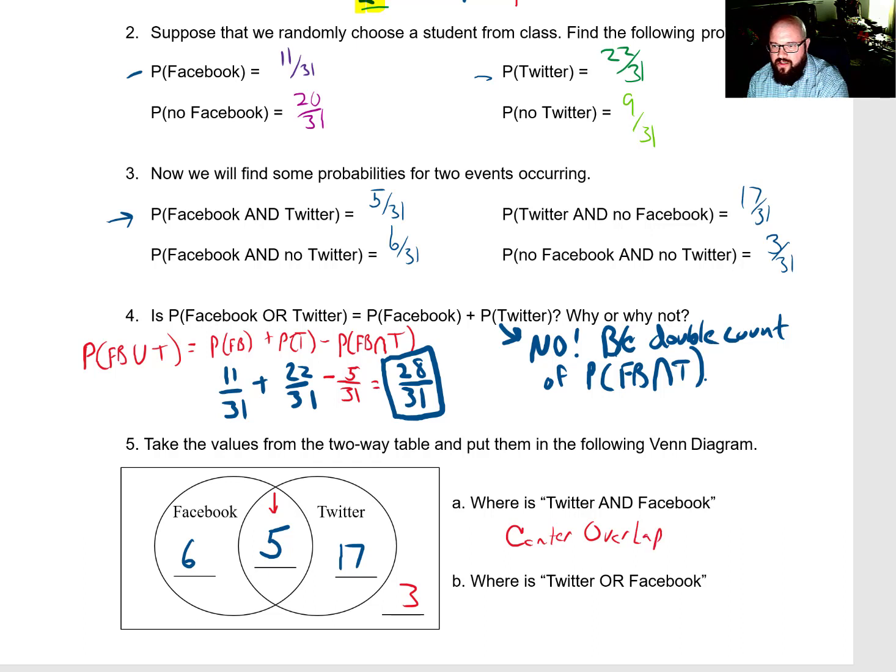Okay, and then where is Twitter or Facebook? Well, if you're doing Twitter or Facebook, that is going to add up. Let me change colors here real quick. Twitter or Facebook is going to be adding up these 3 values. It's going to be everything inside of either circle.